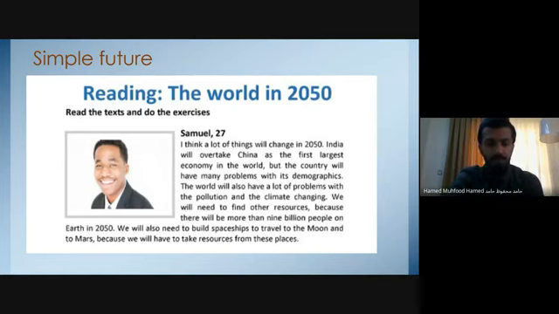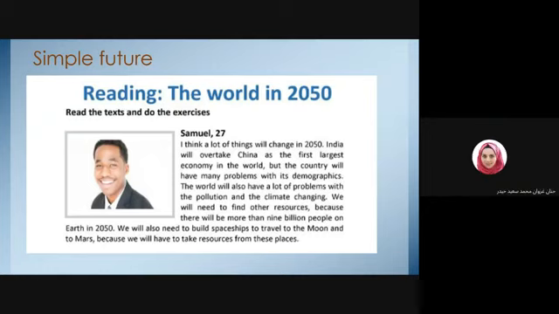Hanan Oswan. The world in the 2050. I think a lot of things will change in the 2050. India will overtake China as the first largest economy in the world. But the country will have many problems with its demographics. The world will also have a lot of problems with the pollution and the climate changing.